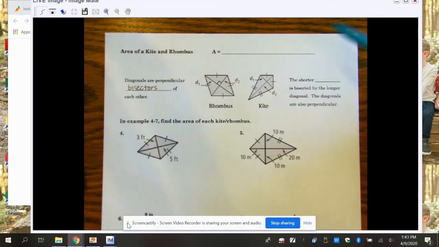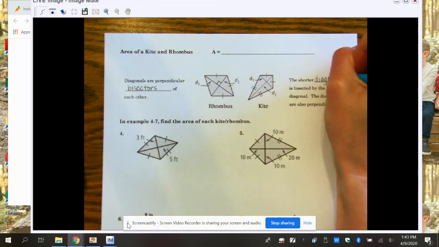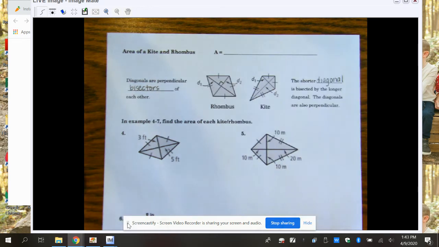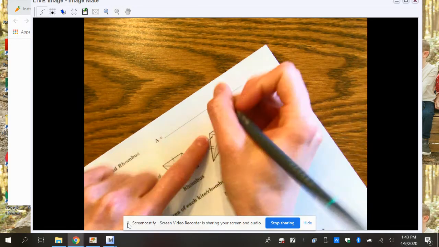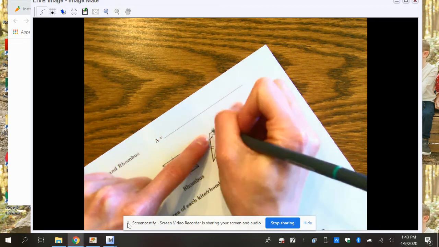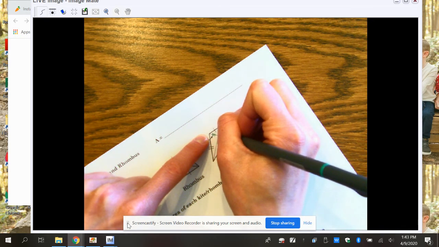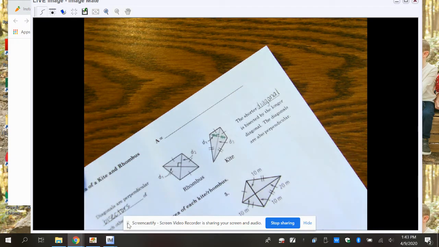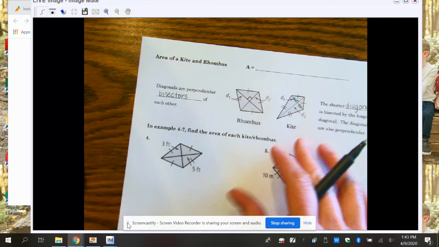And then in a kite, remember that the shorter diagonal is bisected by the longer diagonal, and then the diagonals are also perpendicular. So what that means is that since this is the shorter diagonal right here, this segment and this segment are going to be congruent, and then you've got that right triangle, 4 right triangles in there as well, so that may help you find missing pieces.